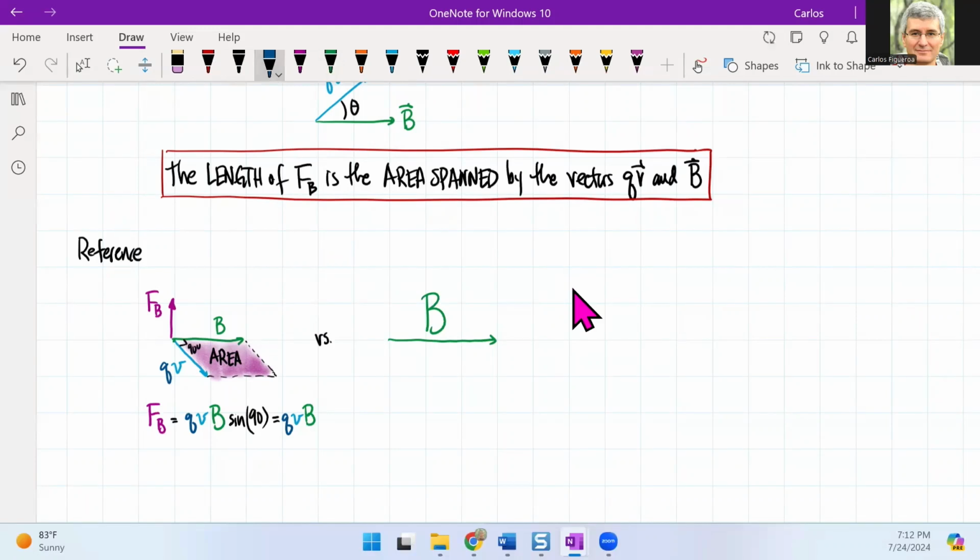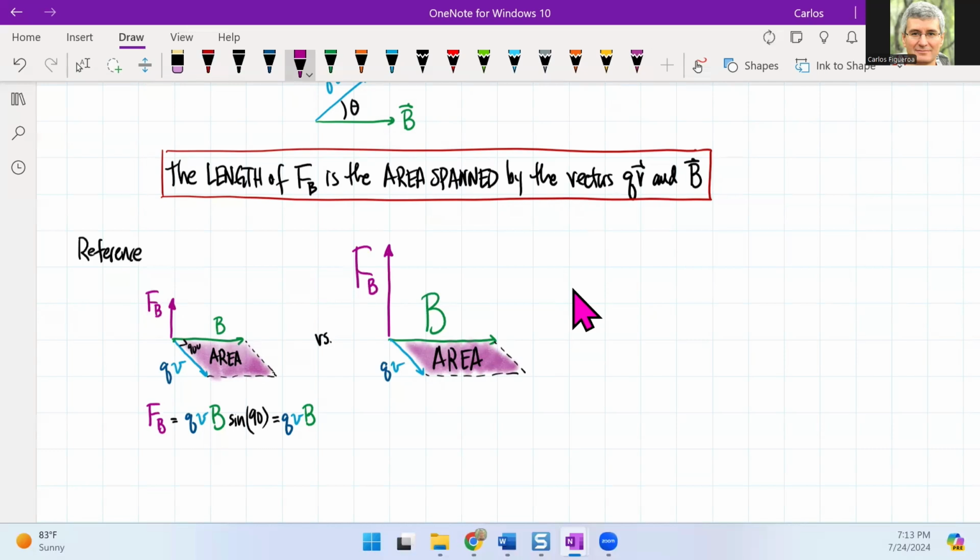But if I keep my charge times my velocity the same, so if Q and V are exactly the same, you could see here that this area is going to be larger. And because this area is larger, I'm going to have a longer magnetic force.